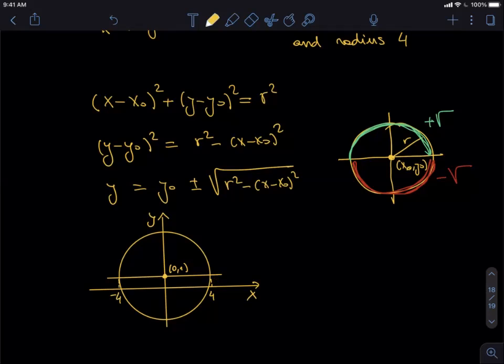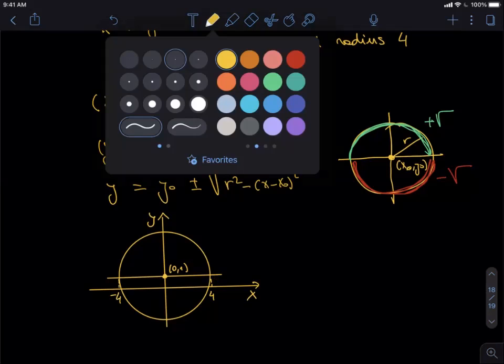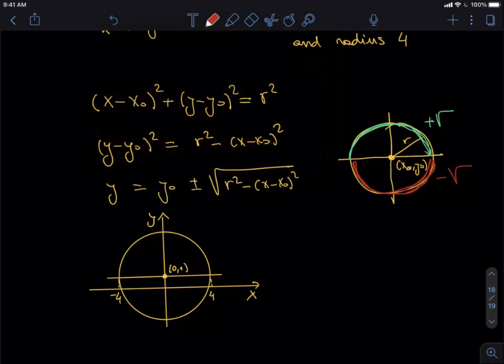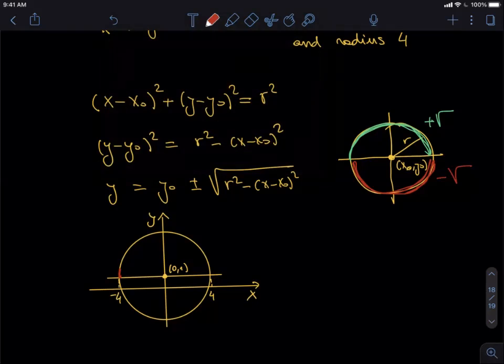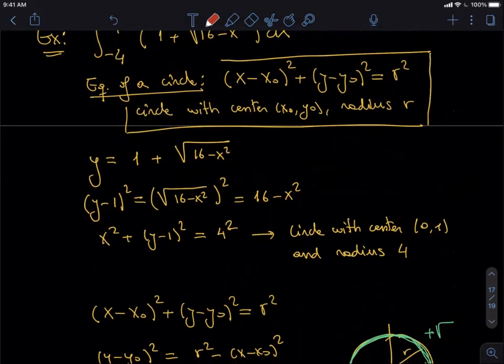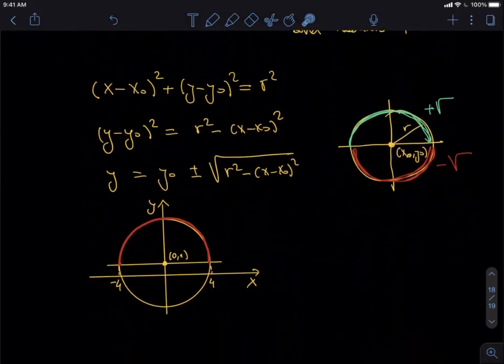And then we want to get the area under this piece here. See how it comes with a plus, so it's 1 plus something. Compared with the template, we are looking at the plus square root, so that's the upper part of the circle.